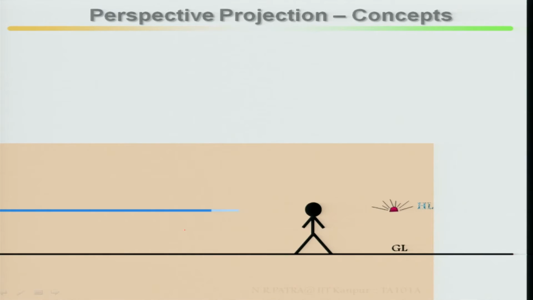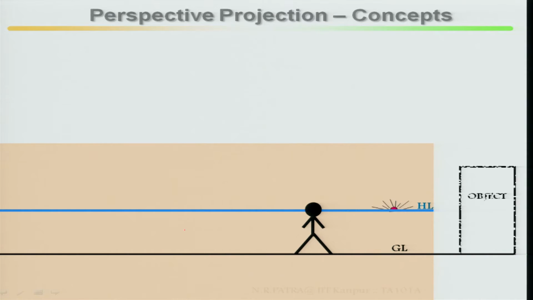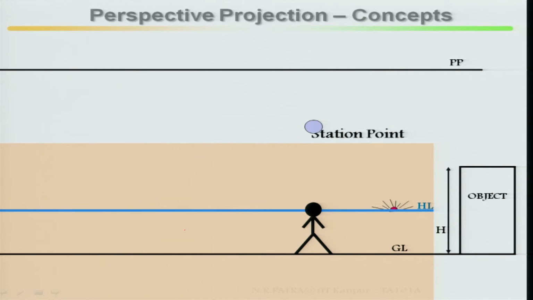Let us start the perspective projection concepts once again. Ground line, horizon line, this is your object, then your station point, then your picture plane. With respect to the parallel, you draw it. This is your point 1 object, it goes along this line.